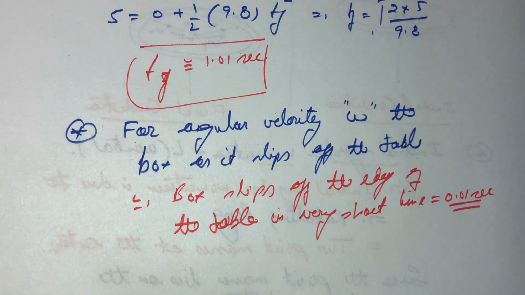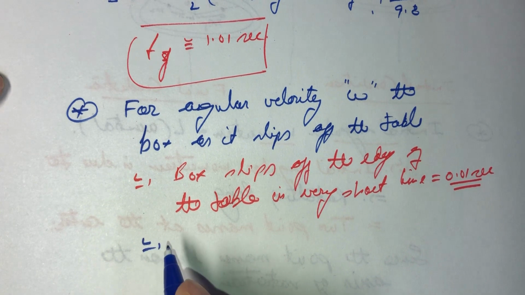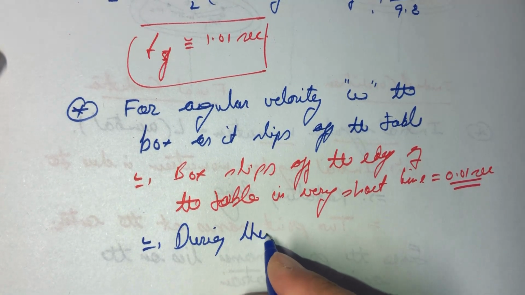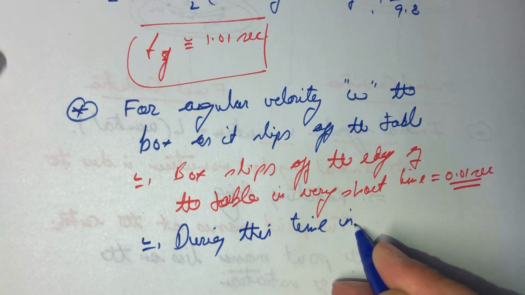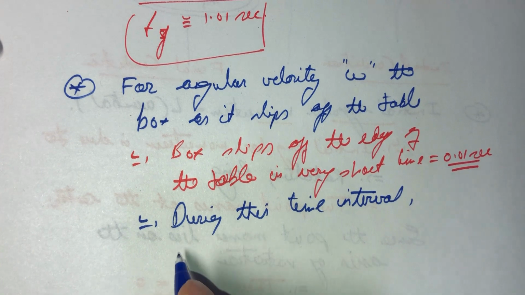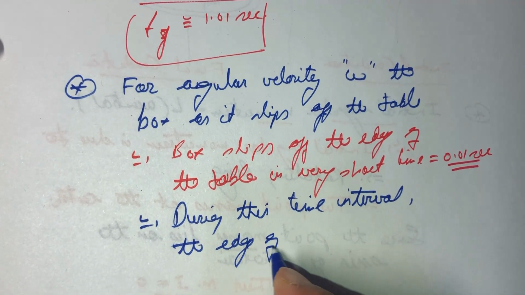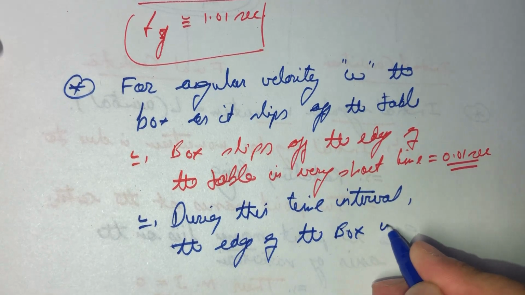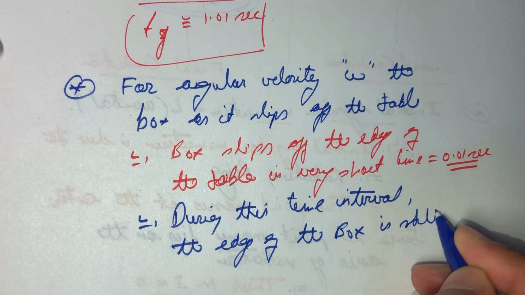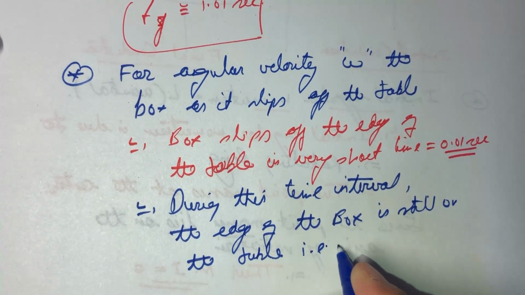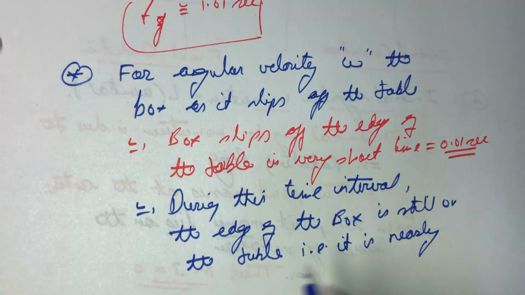Therefore, during this time interval of 0.01 second, the edge of the box is still on the table and is nearly stationary.